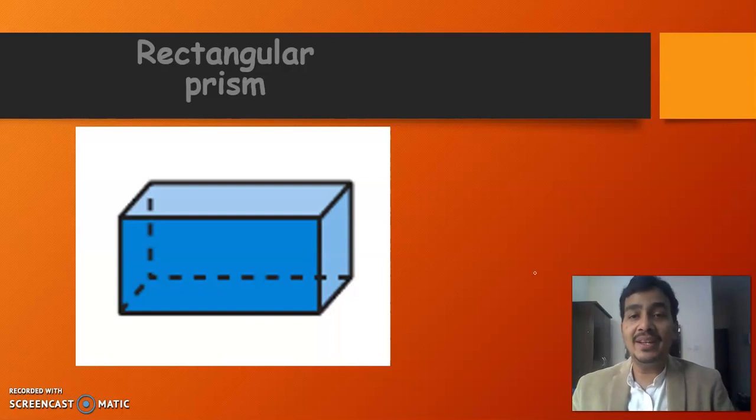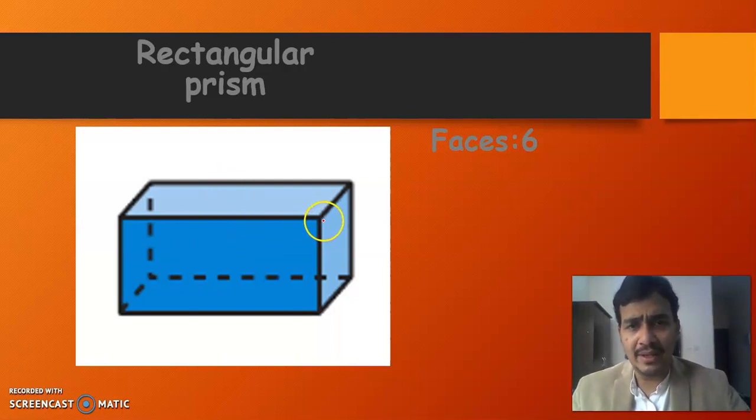Tell me, how many surfaces, how many faces does it have? Any guess? We learned this in the class, so you should know this. How many faces? 6 faces. Correct. Very good, everybody. Really good. You know that. How many edges does it have? We can count. 1, 2, 3, 4.